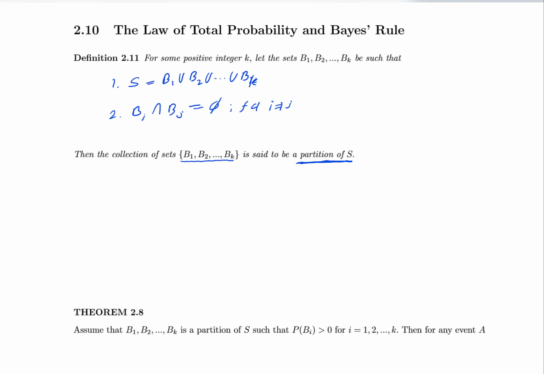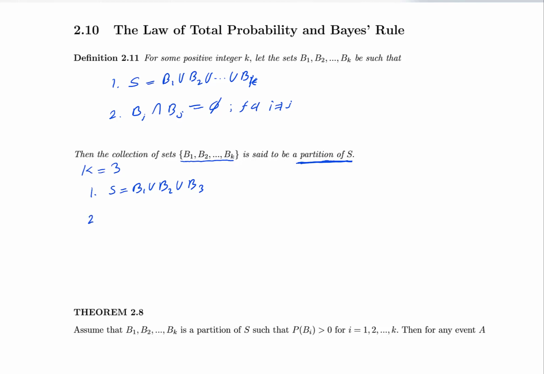Let me explain this using three sets. Then k equals 3. Let me go with the first condition first. So S should be equal to B1 union B2 union B3, right?